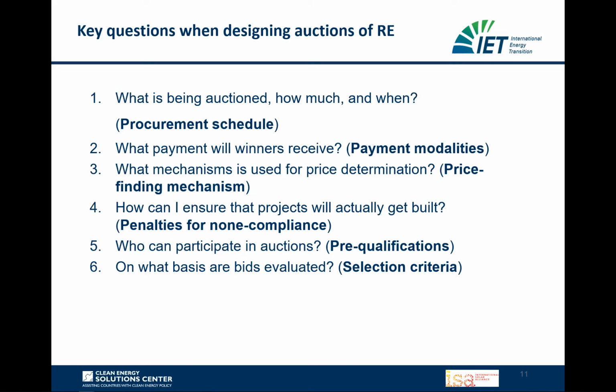Do you have pay as bid, or do you use marginal cost pricing? We discussed in depth penalties for non-compliance. What do you put in place in order to assure that projects will actually get built and bidders don't have an incentive to bid too low, offering projects that they eventually cannot realize anymore?